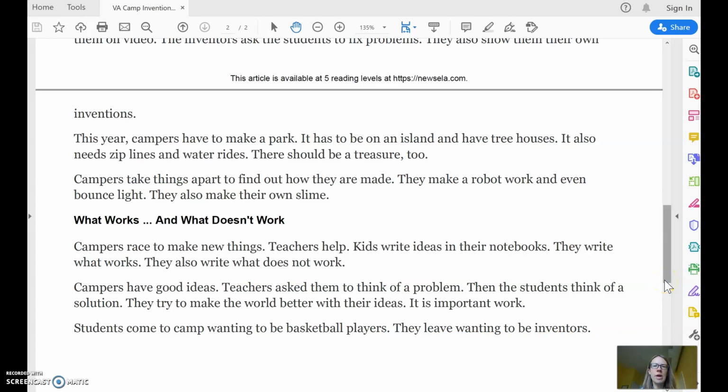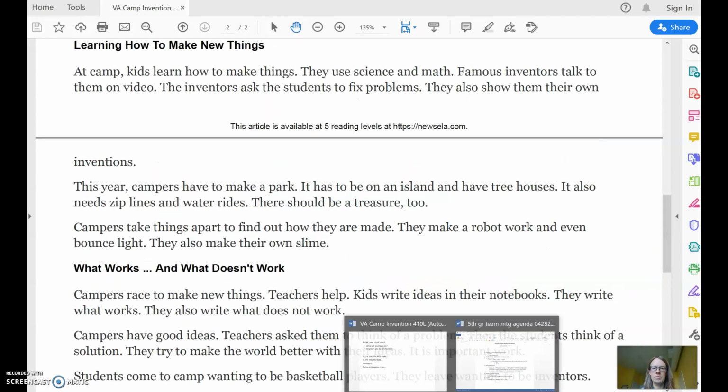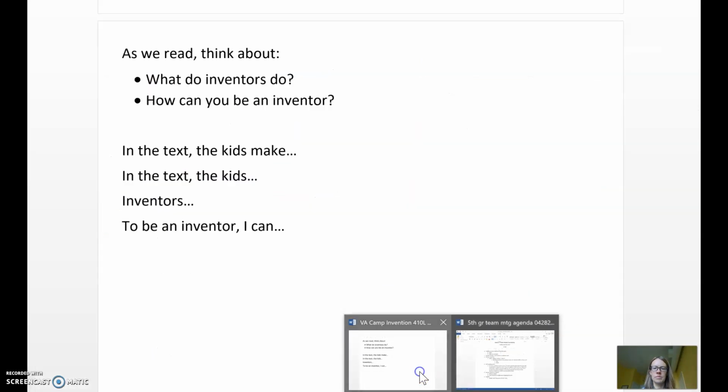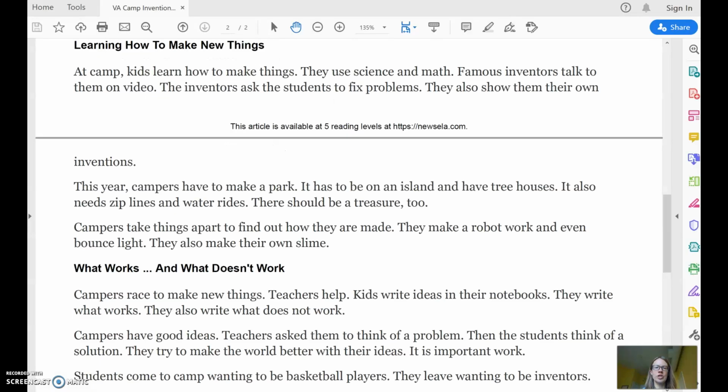Now, let's look back at our questions and use the text to answer some of these questions. What do inventors do? Let's look back at the text to answer that question. Say out loud how you would answer that question.